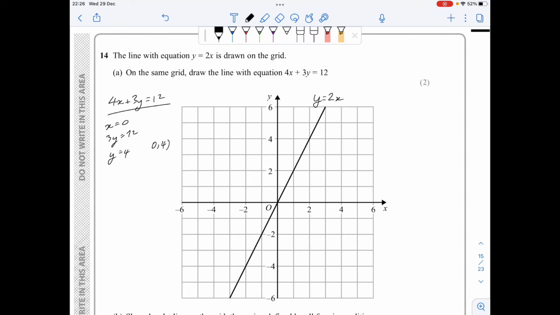So 0, 4 is my y-intercept. And when y is equal to 0, I've got 4x equals 12, so x is equal to 3, so 3, 0 is my x-intercept. So let's put the points and join them to draw the line.